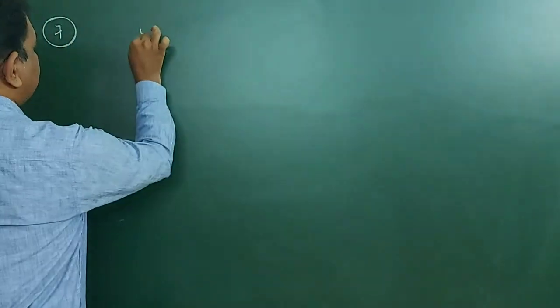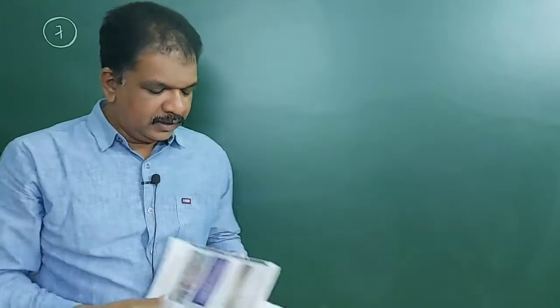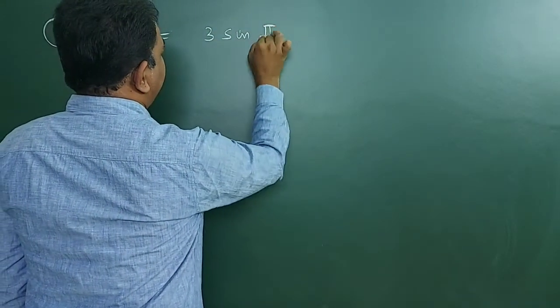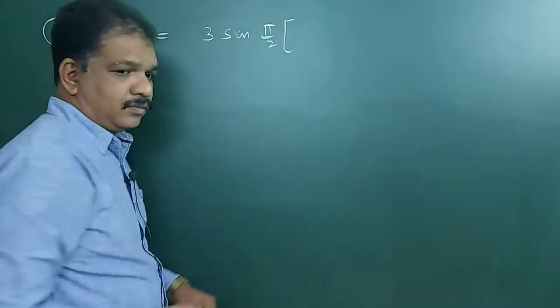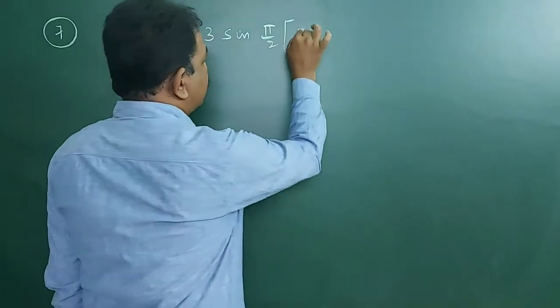Y is equal to 3 sine pi by 2 into 50t minus x.